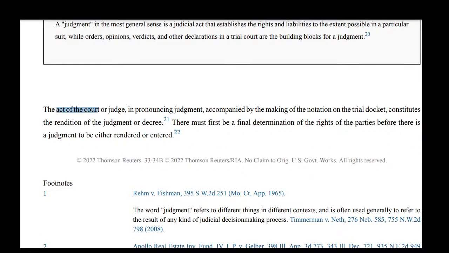The act of the court or judge in pronouncing judgment, accompanied by the making of the notation on the trial docket, constitutes the rendition of the judgment or decree. There must be a final determination of the rights of the parties before there is a judgment to either be rendered or entered.